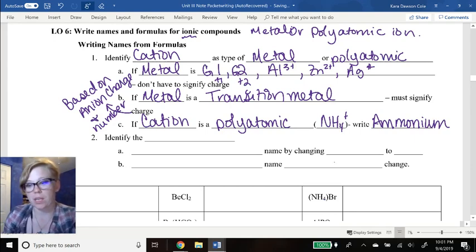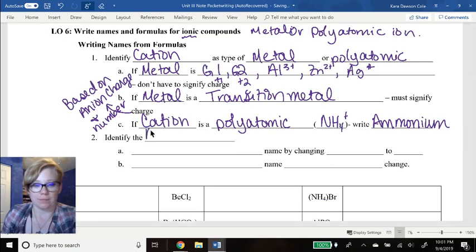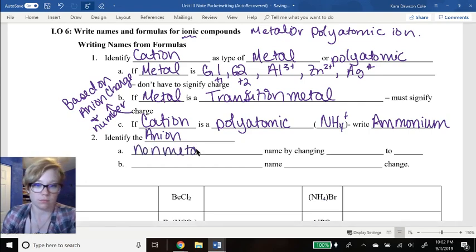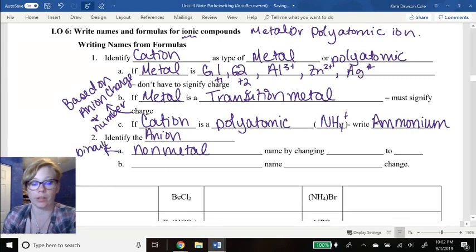The second thing that you need to do is to identify the anion. If the anion is a nonmetal, this would be considered a binary compound. We talked about this a little earlier. So a binary compound has a nonmetal in it, and you're going to change the suffix of the nonmetal to -ide.